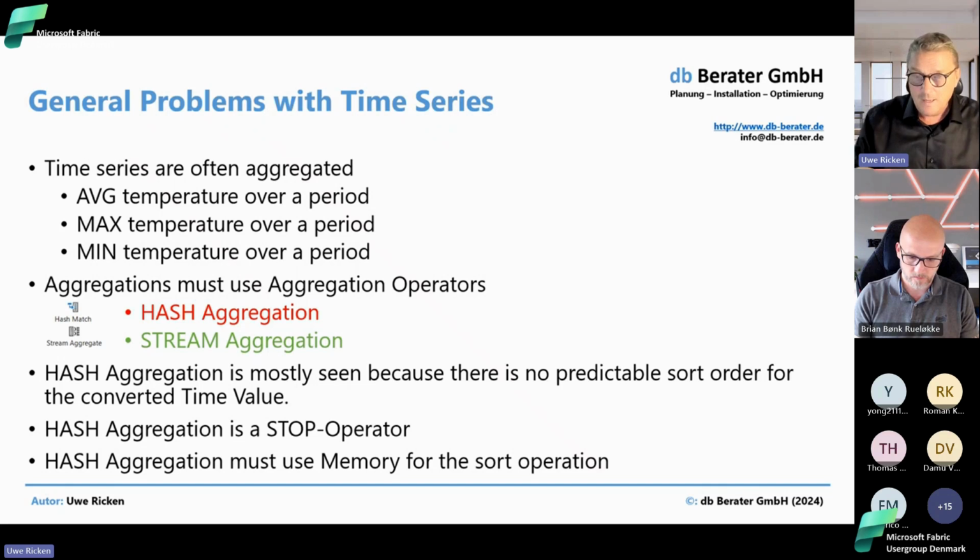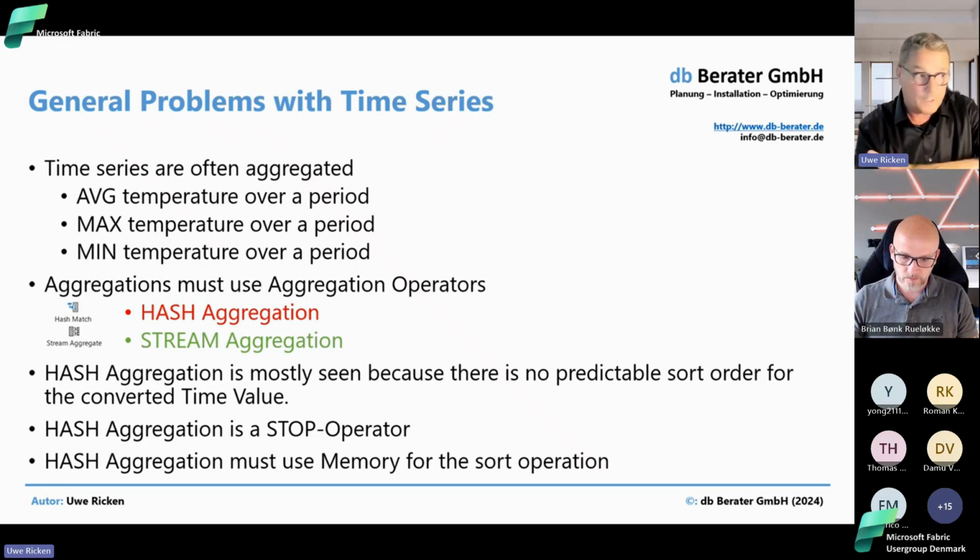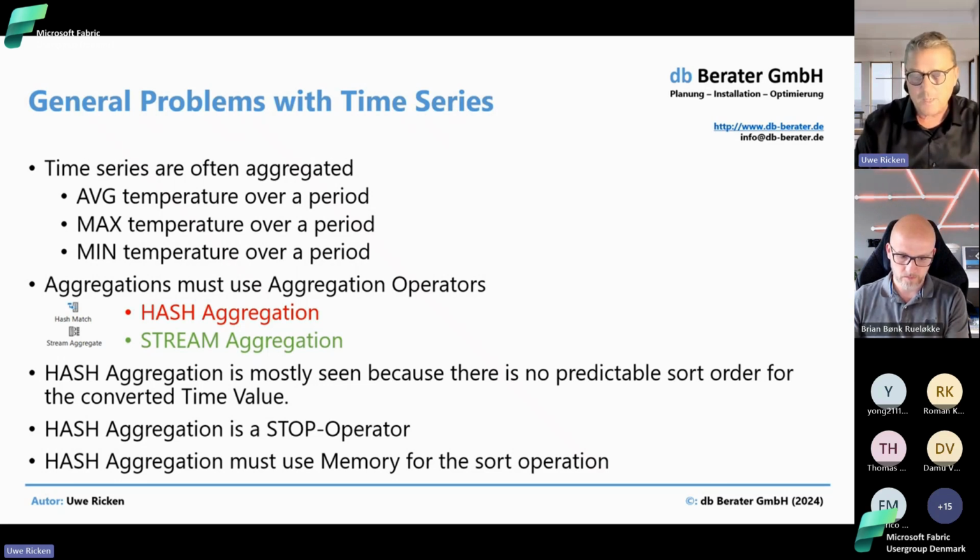Sorting means that whenever we say ORDER BY, when it's not indexed, SQL Server needs to collect all the data and do the ordering, and when the last record is in and it has been ordered, then we can push the data to the next operator. All of these stop operators must use memory for the sort operation.